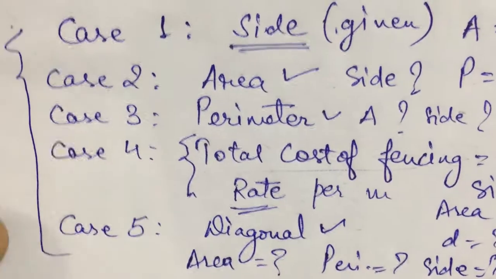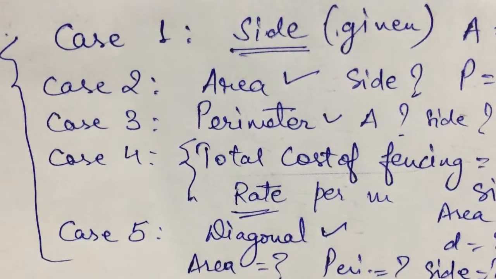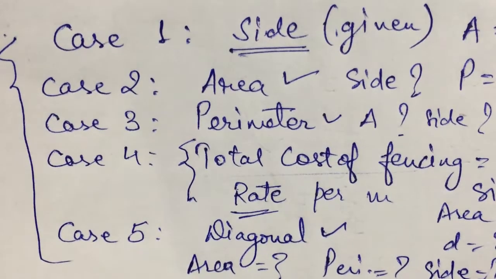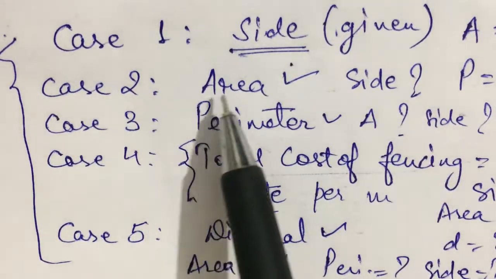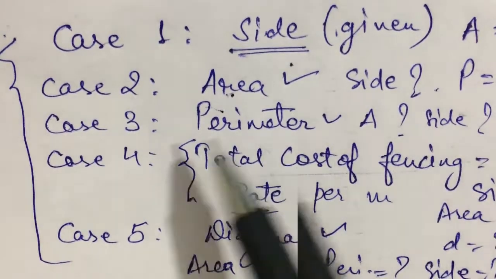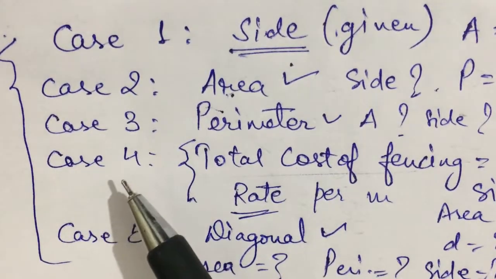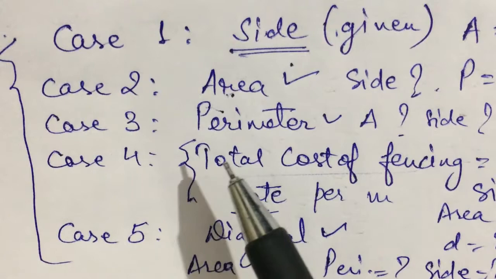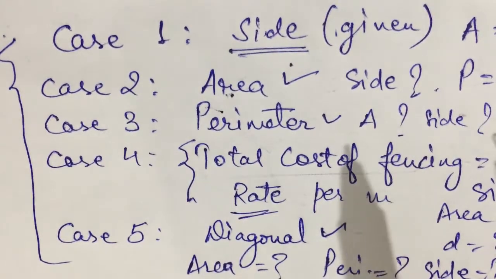Now on the basis of these 5 cases, we will go through the questions one by one. First, the question in which one side is given and they ask you the area and perimeter. Second case, when the area is given and they ask you about the side or perimeter or anything else. Third case, when the perimeter is given and they ask you to find the side and area.